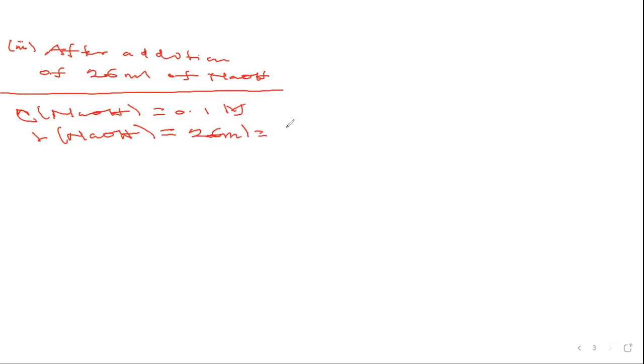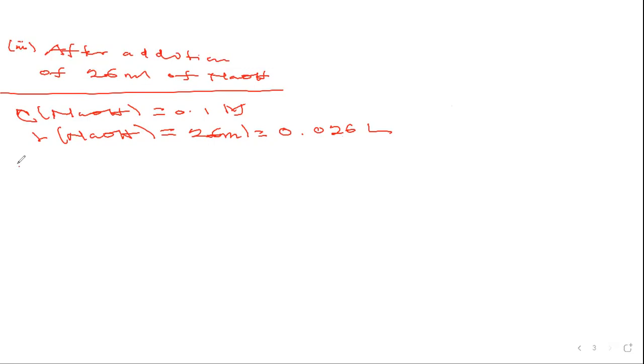And the 26 mils is the same as 0.026 liters. I'm always careful with this because you should know that 0 is the most powerful number in mathematics. So once you make a mistake with your conversion, you are going to have a wrong answer. So please, you should be careful about this. All right. So this is what you are going to have in liters.